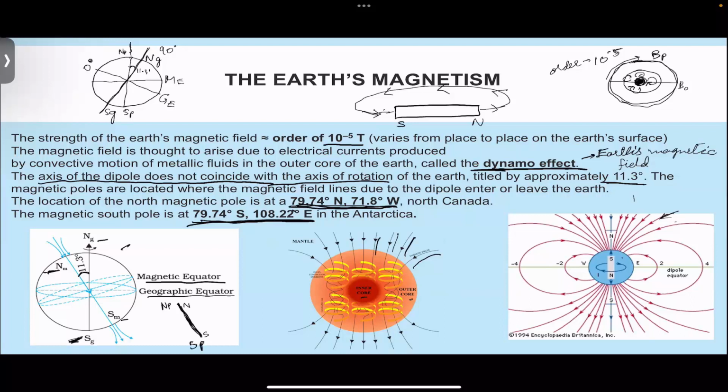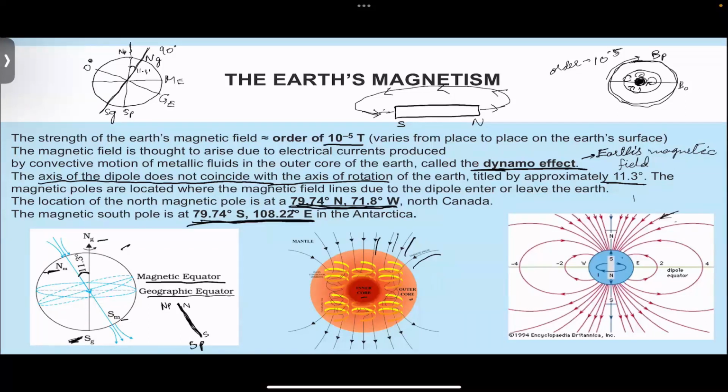But we know that only if the polarity is different is there attraction. Only unlike poles attract each other.